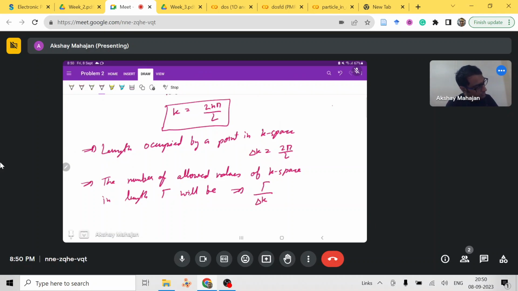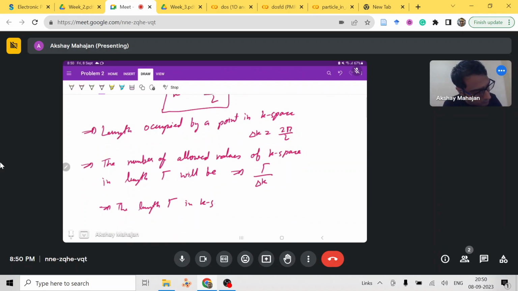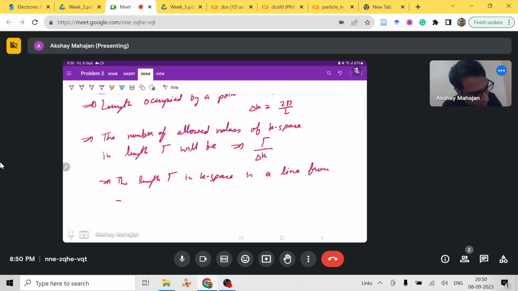Now here the length gamma in k space is a line from minus kf to kf.